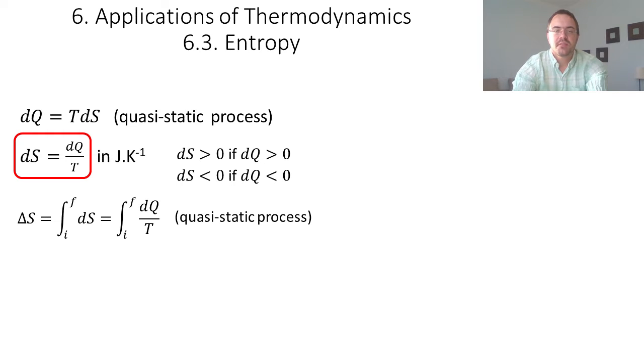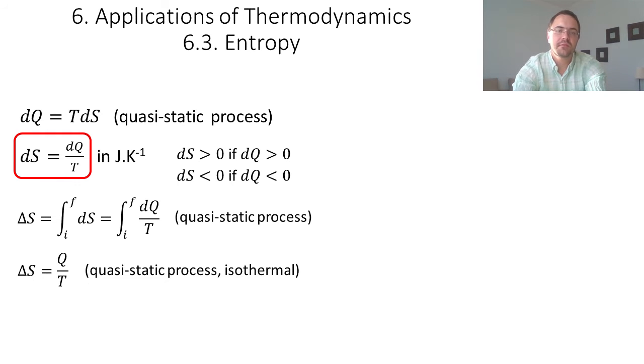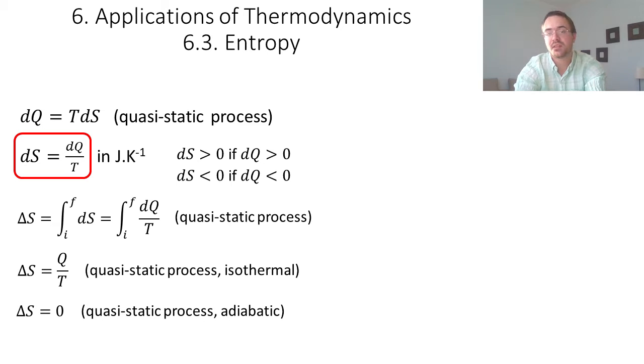For the total change of entropy between an initial and a final state, then we can use the integral of dS, and we can do this if the entire process is quasi-static. And if, in addition, the process is isothermal, we can take the temperature out of the integral, and we have delta S is equal to Q over T. If the process is adiabatic, then dQ is equal to 0, and so the integral of 0 gives 0, and so delta S is 0 for an adiabatic process.